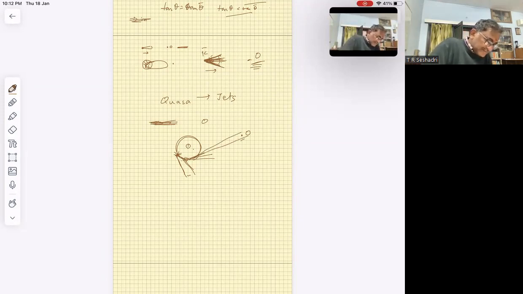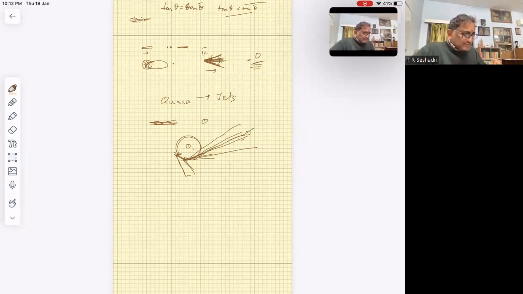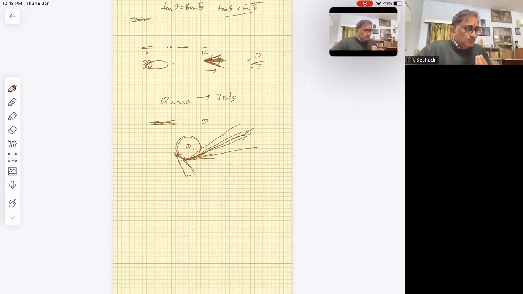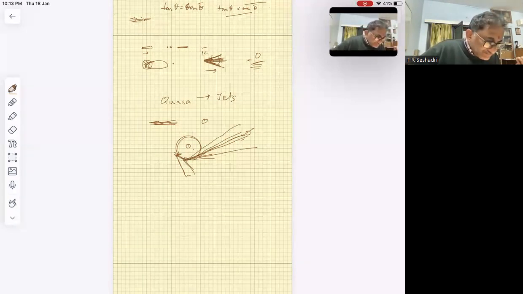But when it is here, the beam is there, and when it's here, the beam has gone, which means the observer sees the beam for a very short time, when the particle is moving almost in his direction as it goes around. The rest of the time it is invisible. If it was moving in a non-relativistic way, this observer would have seen a low intensity all the time.